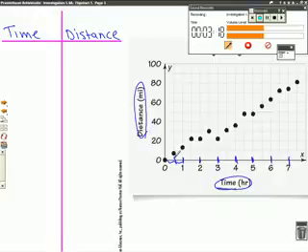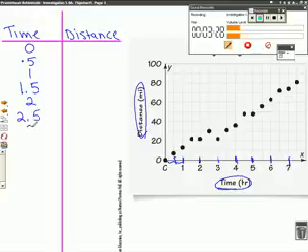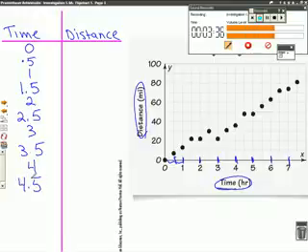So my time is 0.5, 1, 1.5, 2, 2.5, 3, all the way up to 7.5. But I'm not going to go up that high. I'm going to stop it at 5.